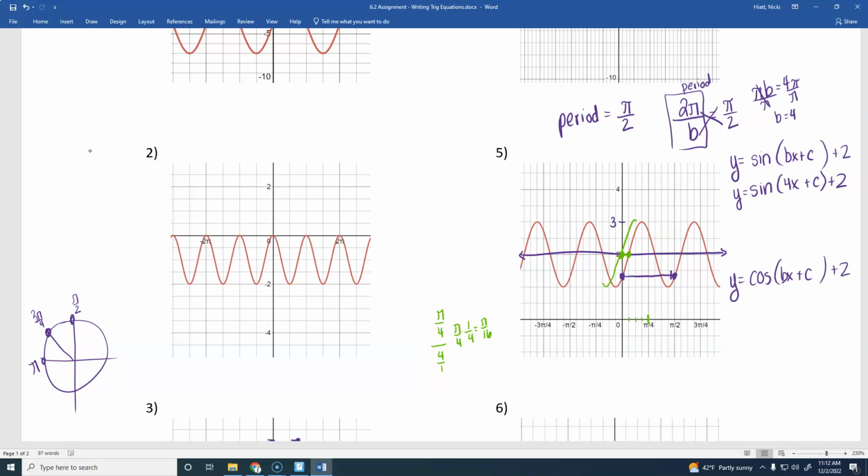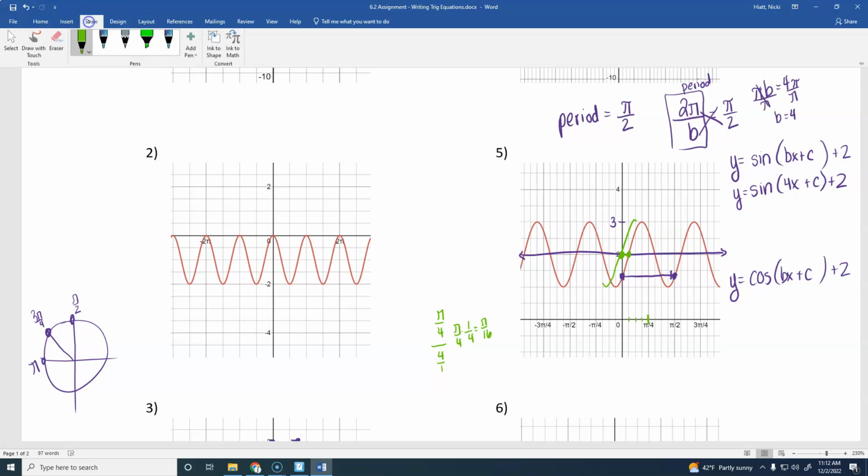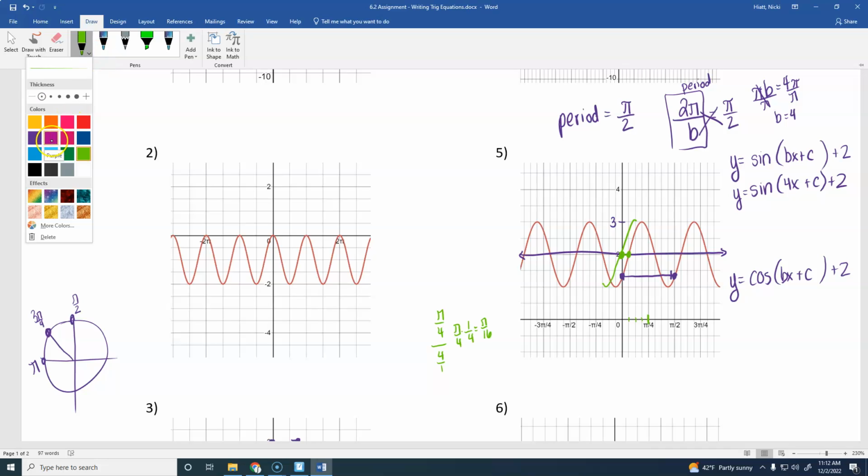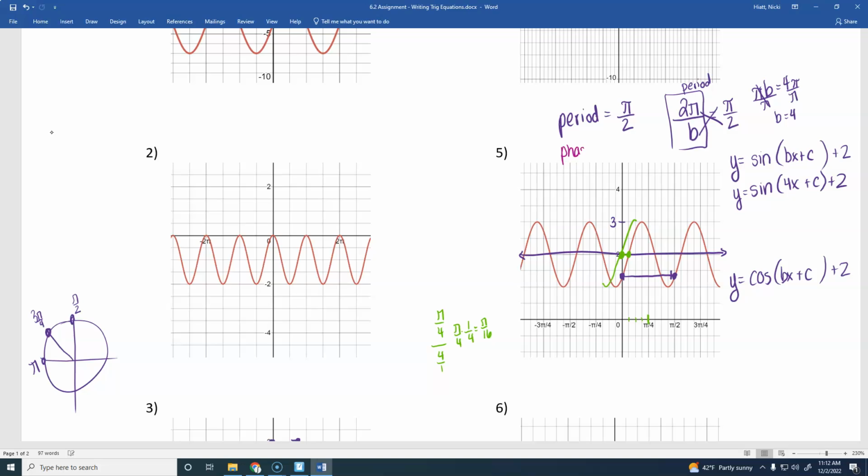However, we have a b, correct? Since we have a b, we know that we need to use that formula. So for phase shift, the formula is negative c over b. I'm just going to do c over b.